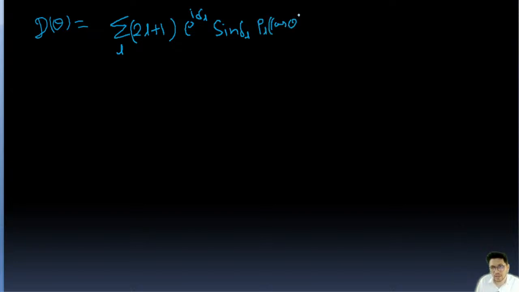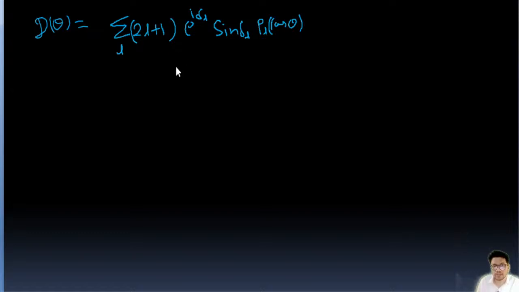So this formula is sigma L (2L plus 1) e to the power iota delta L sine delta L P L cos theta, right?